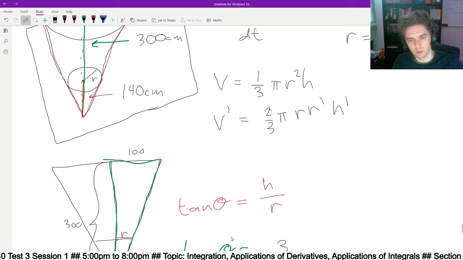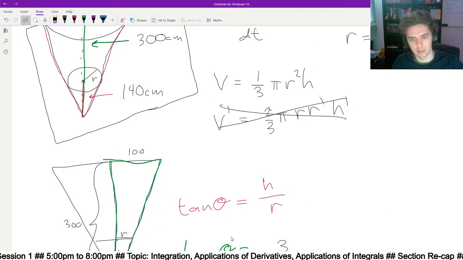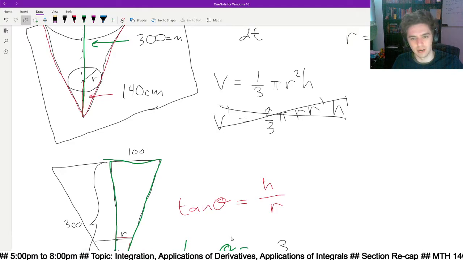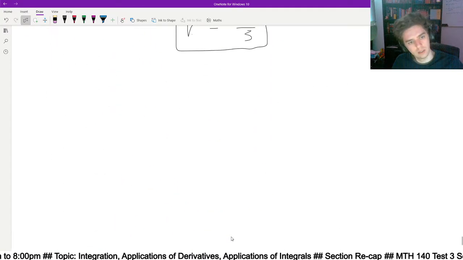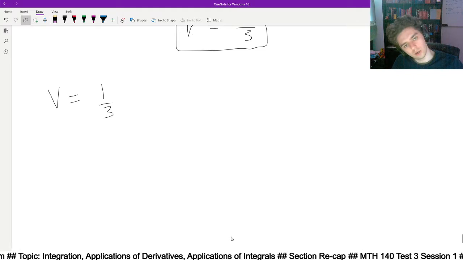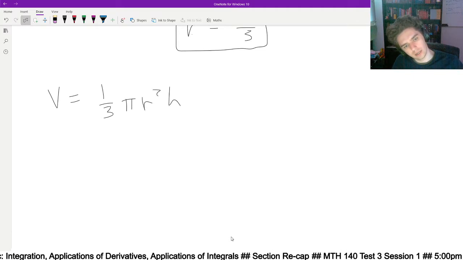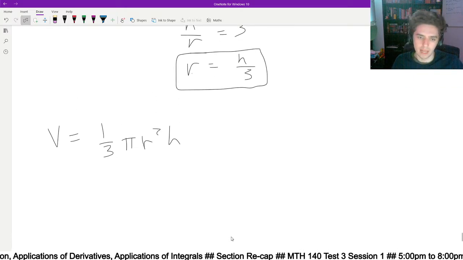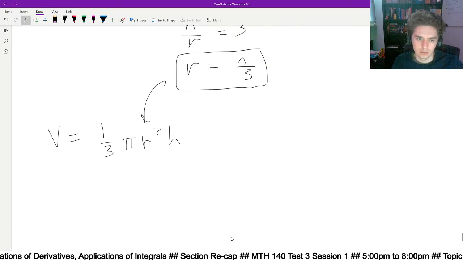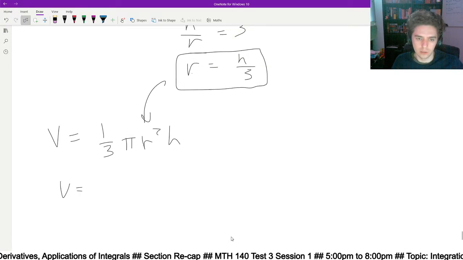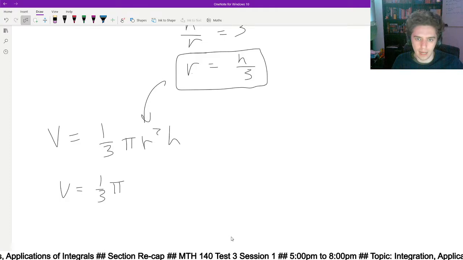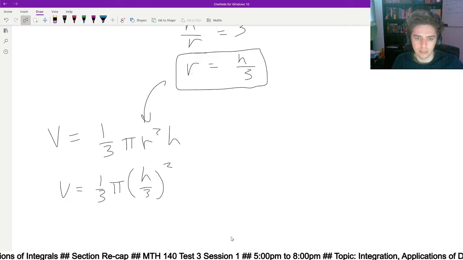V equals 1/3. So just to be clear, it was not correct to take the derivative there. So V equals 1/3 pi r squared h, right? I'll put that into here. So I'll end up with V equals 1/3 pi (h over 3) squared h.